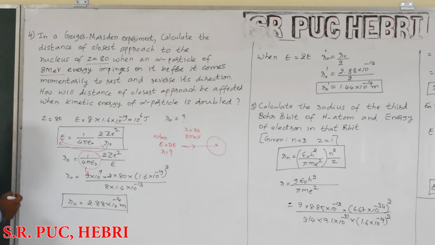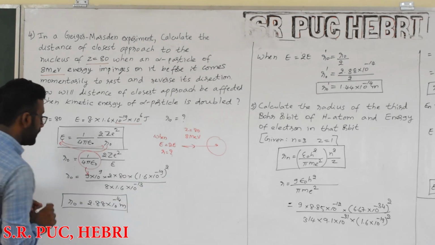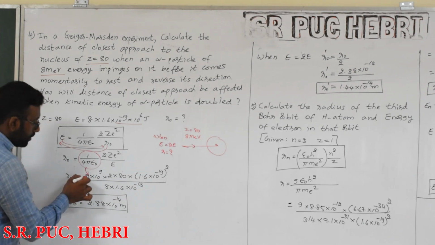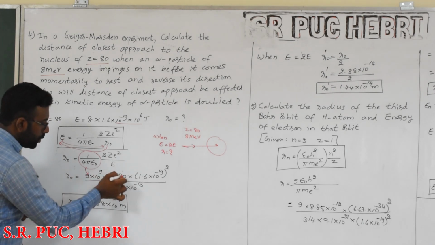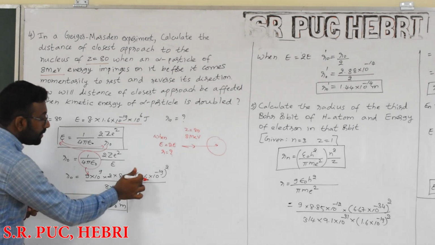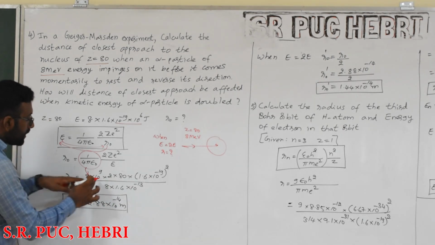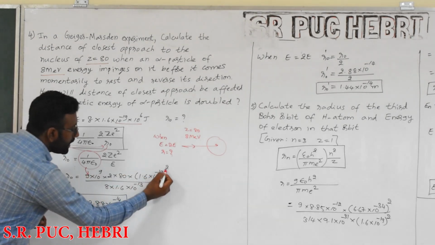Do the calculation; you can solve the powers separately. Keep the powers aside. On a normal calculator, multiply 9, 2 and 80, then make the square of this. You can split the steps and write, keeping the powers separate.